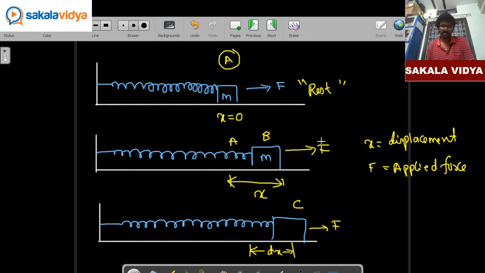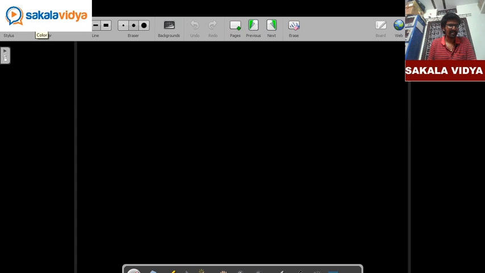Okay, so what happens when you stop applying force on its right hand side? Again this spring comes back to its original place. This is called restoring force. When you stop this force, this spring comes to its original position or original shape. So that is called restoring force. So let F be restoring force.